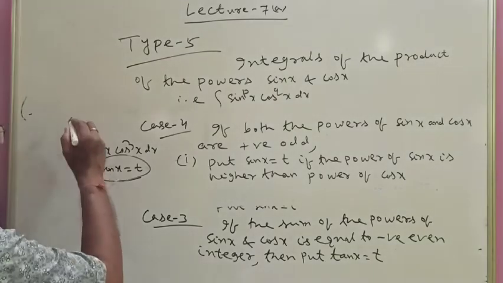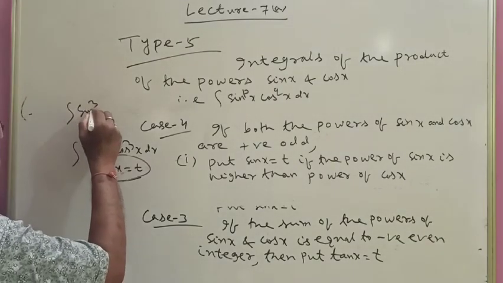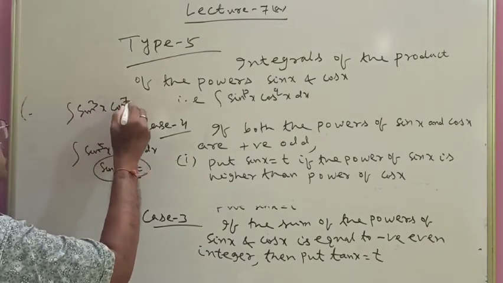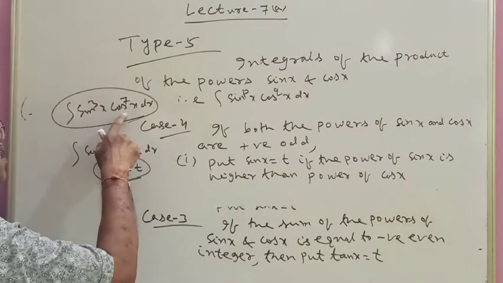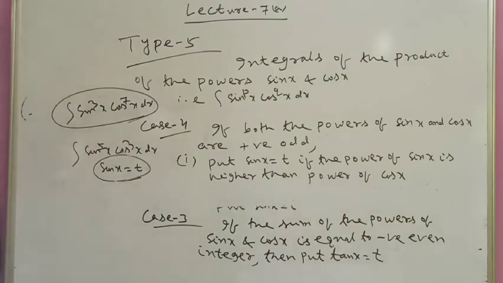Similarly, suppose I do a question like this: sin 2x into cos to the power 7x. You see here also both the powers are positive, but the power of cos x is bigger than the power of sin x. So here you take cos x equal to t. You can also take sin x equal to t, if you analyze case 1 and case 2. What is our case 1? If the power of sin x is positive odd, put cos x equal to t.